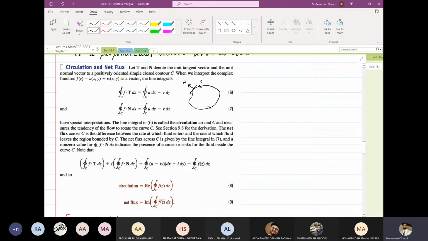So we have a vector which is tangent and another vector which is normal to a simple closed curve C.